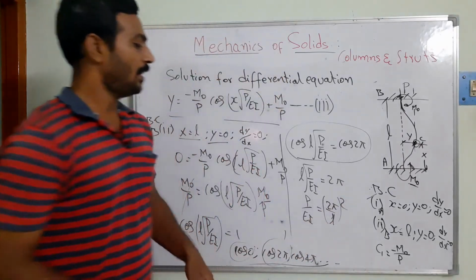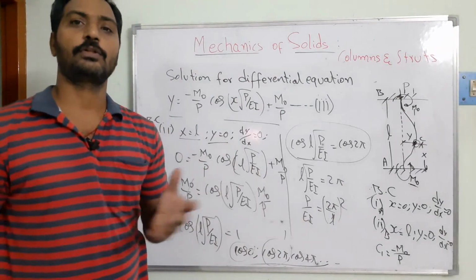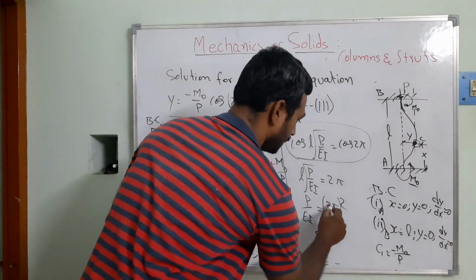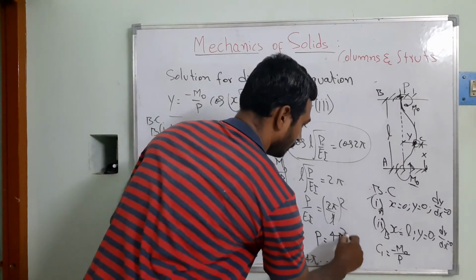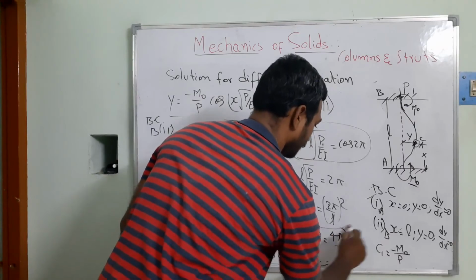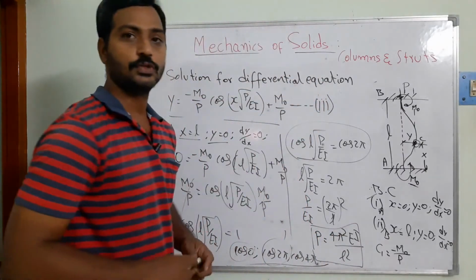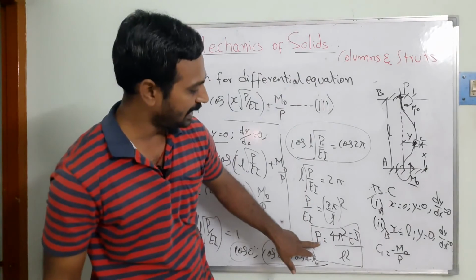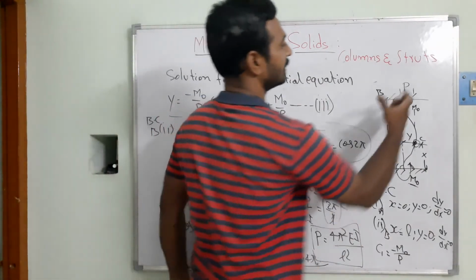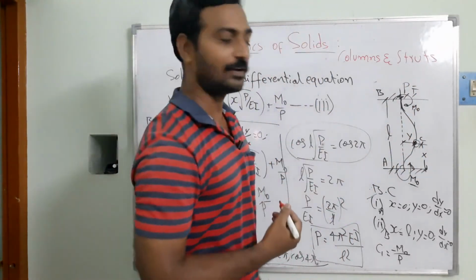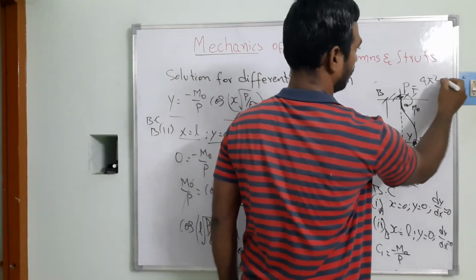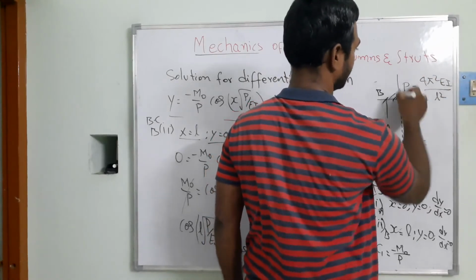Then finally we need to find the value of P. So when I take the value of P, this will become 4 pi square EI by L square. Right? So from this, the crippling load P is equal to 4 pi square EI by L square. So that means the load we can act on this is 4 pi square EI by L square.